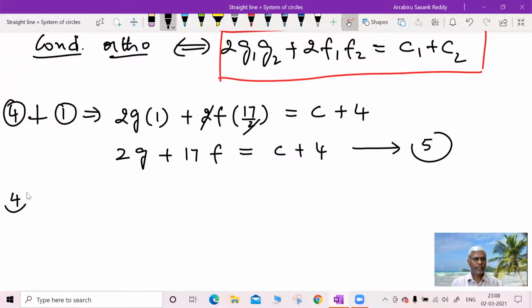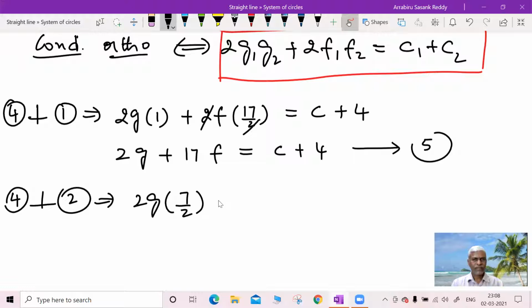Now taking the condition fourth circle orthogonal to second circle. Now 2G, the G2 value from second equation is 7/2, and 2F, F2 value from second equation is 3, and C2 value from second equation is 11.